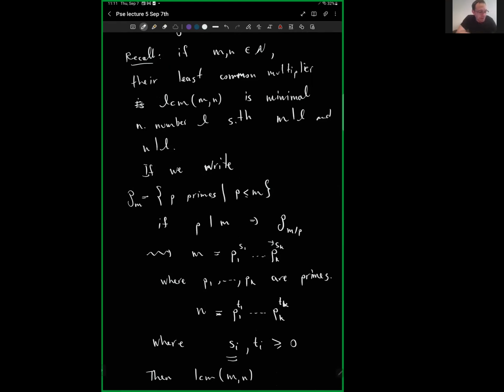It's the minimal number such that both integers m and n divide the number. Of course, m times n is such a number, but possibly there could be a smaller number that has this property.